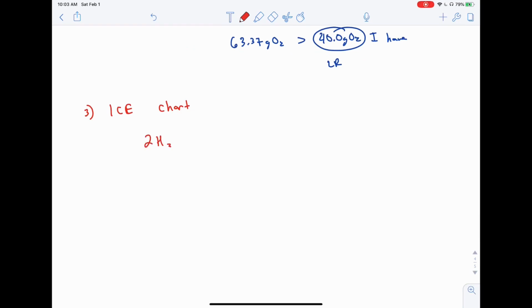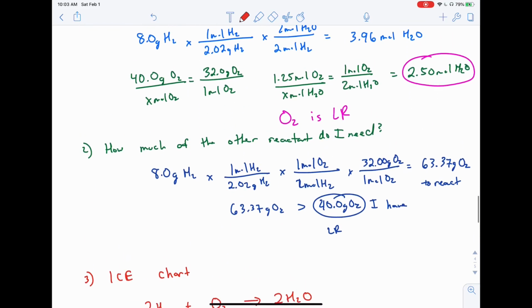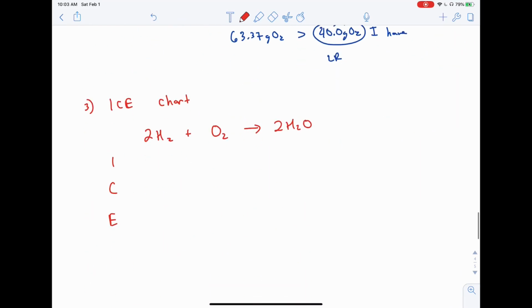So with the ICE chart, I, C, and E. We figured out already, I'm going to write this down because we already know this. We have 3.96 moles of H2 and 1.25 moles of O2 and then 0 H2O to start with.